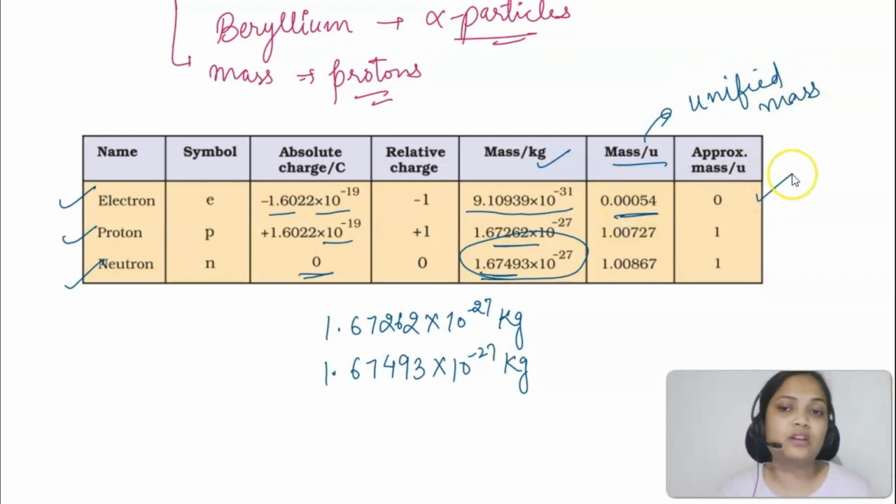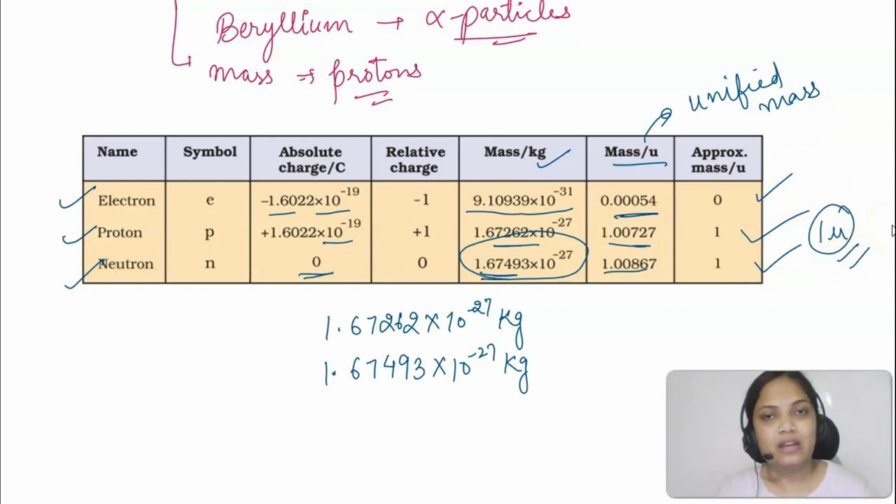Okay, so the approximate mass that we take is 0. Why? Because the mass of electron is very less, that we neglect it when we are calculating the mass of atom. So you can see the mass of proton is 1.00727, so we take it as 1 U, and for neutron also it's 1 U, which is equal to the mass of hydrogen atom. Okay, 1 U, which is the mass of hydrogen atom. So proton and neutrons also we take the mass as 1 U.